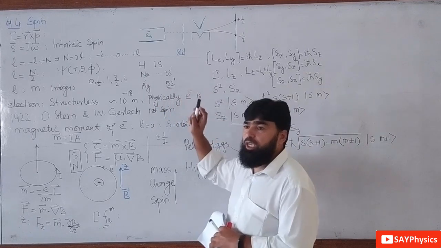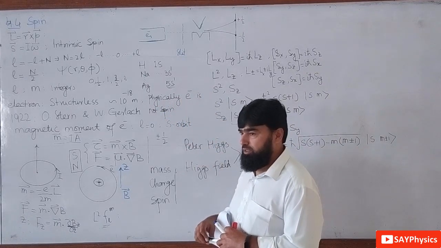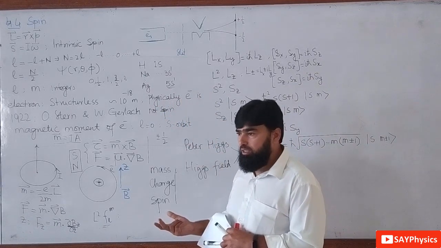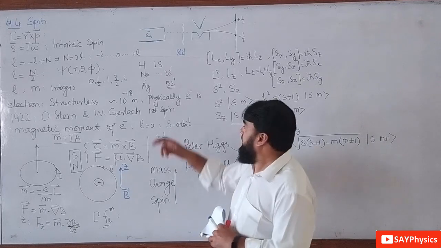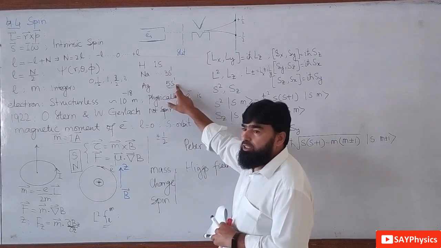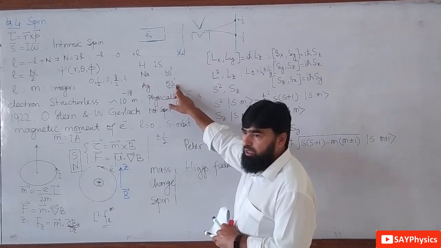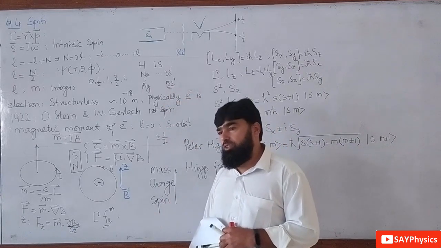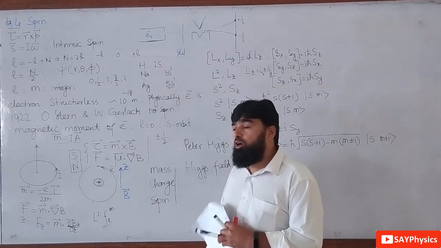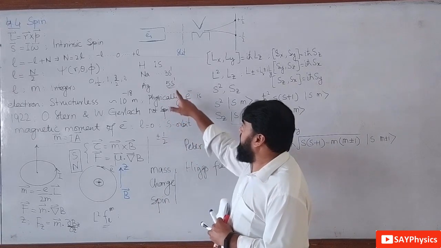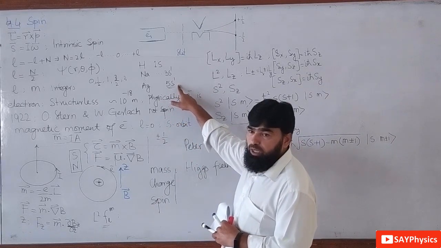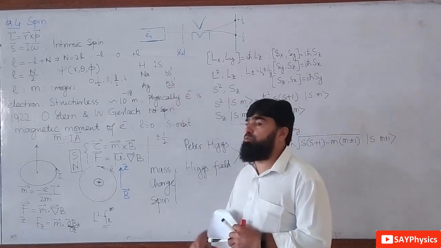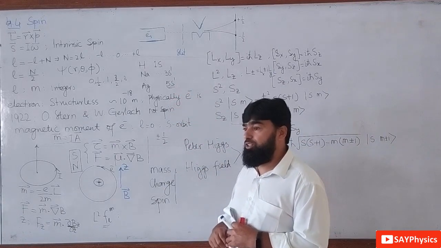So S is having 2 electrons. You know in S orbit there are 2 electrons. So one of the electron is with the plus angular momentum and the other electron will be with the minus. We cannot say which of the electron is plus half and which of the electron is minus half. We cannot say this thing.